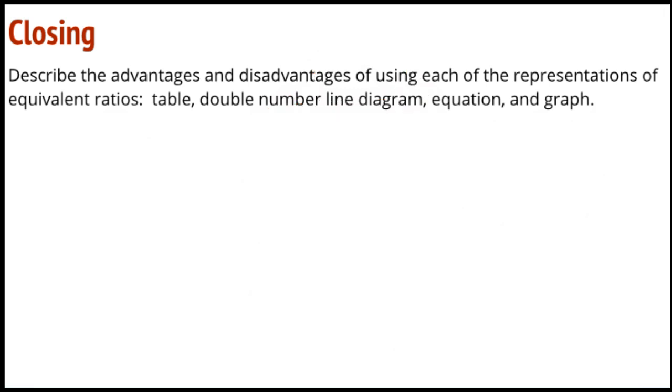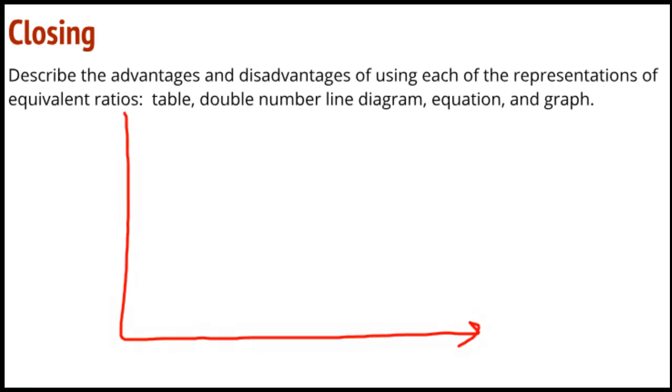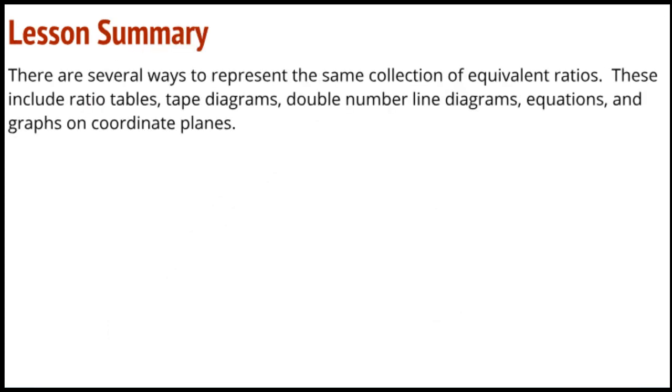And then graphs we've looked at a couple of times in this lesson. Graphs can help you see visually the relationship between the numbers. And we can extend the graph to make predictions about what would happen if the graph continues. We can also look at things in between on the graph. All right, so there are lots of ways to represent the same collection of equivalent ratios.